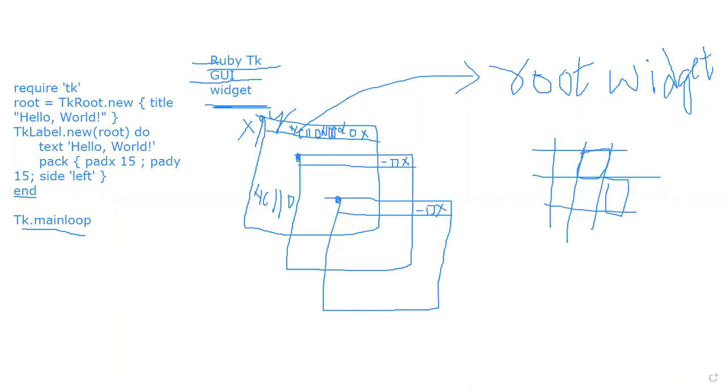And TK label, some of the components are there, I will show in the next class. TK label is also there, which is new root. For that root instance you are going to give the look.